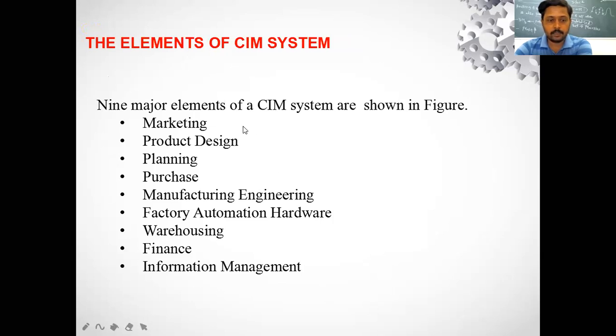There are other elements obviously, but these are major elements which play a vital role in the success of computer integrated manufacturing. So whenever we are asked any question regarding the major elements of CIM, you should write these nine at least.